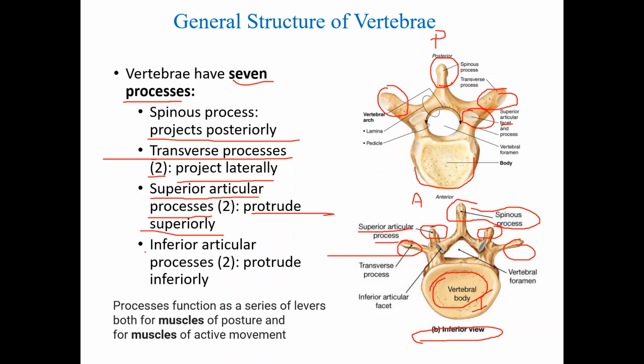Then there is the inferior articular process, which again is present on each side, and these protrude inferiorly. Okay, that's why it's called inferior. And again, there are two of them. So this is basically the last one, here, inferior articular.